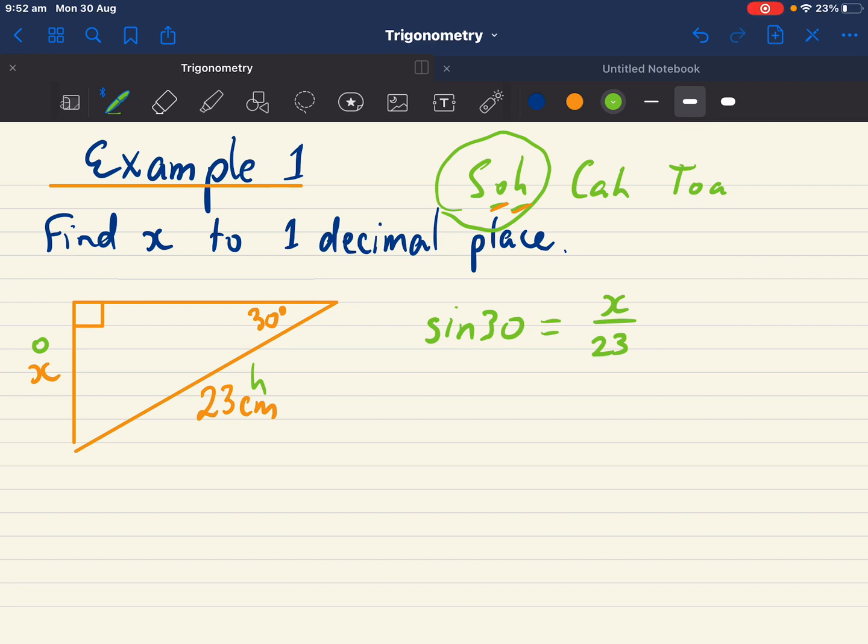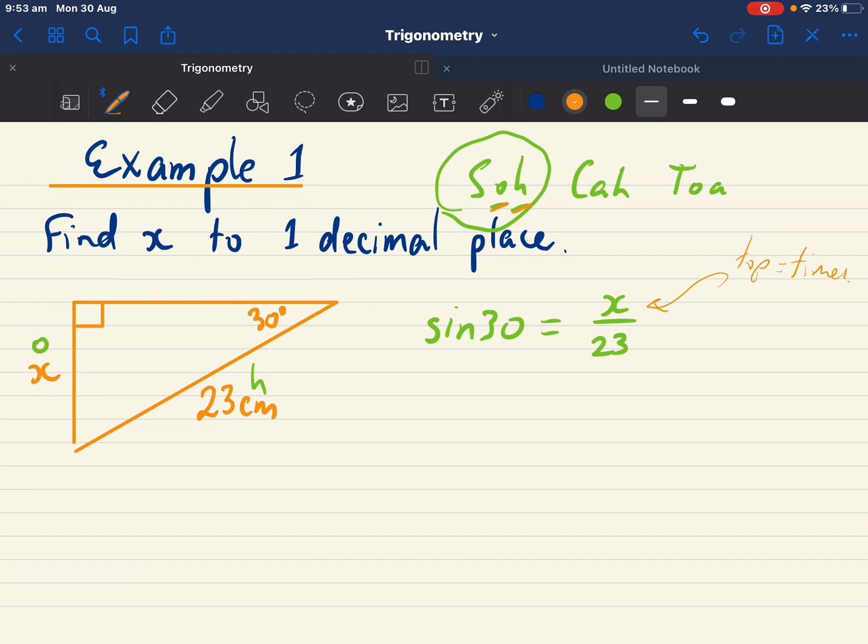We've done our second step, which is the trickiest step of trigonometry. It is writing out the trig ratio using SOHCAHTOA. Now that we've done that, really simple for side lengths. All we do to finish off the question is we either times or divide. Remember, when x is on the top means we times. And you probably remember what to do if x happened to be on the bottom.